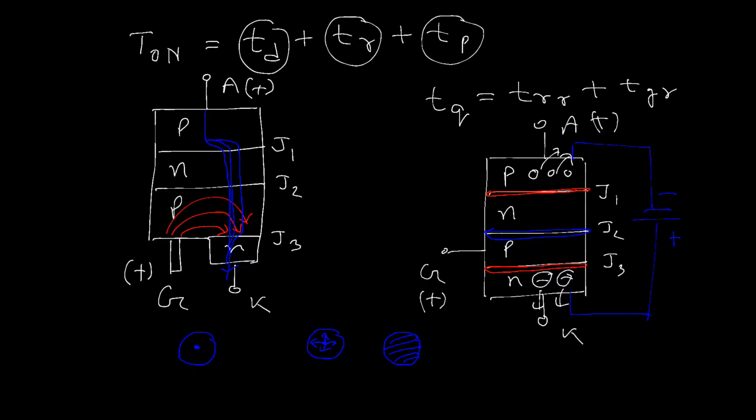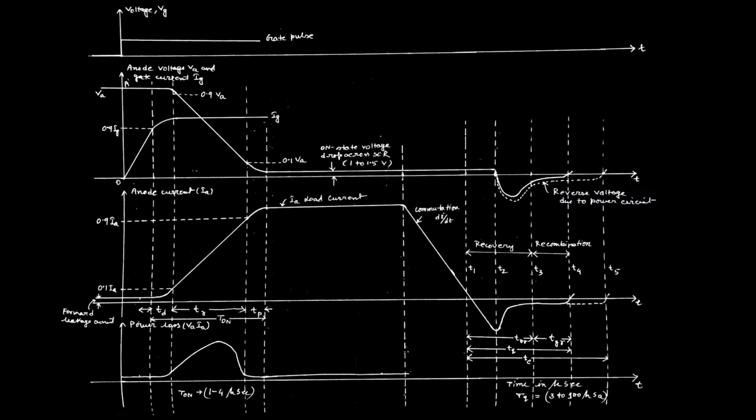So let us go to the basic switching characteristics of any SCR. This is the pictorial representation of the overall switching characteristics of the thyristor during turn on and turn off, in which the first axis is defined by the gate voltage, that is Vg, and this is for anode voltage as well as gate current, that is why it stands for Va and Ig.